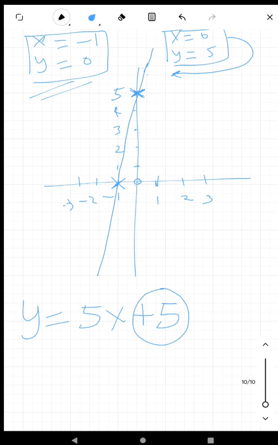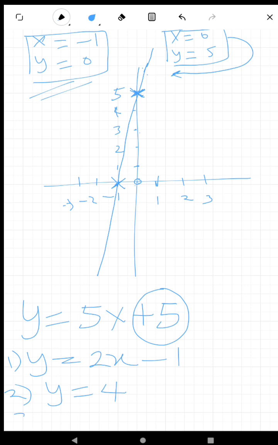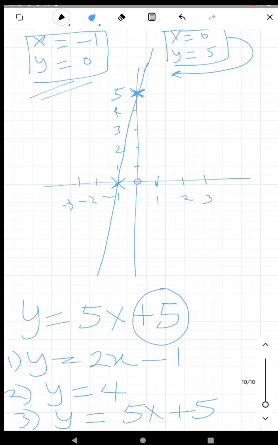The first question being y is equal to 2x minus 1. The second one being y is equal to 4. And the third one being y is equal to 5x plus 5. I want to believe that this has been clear.